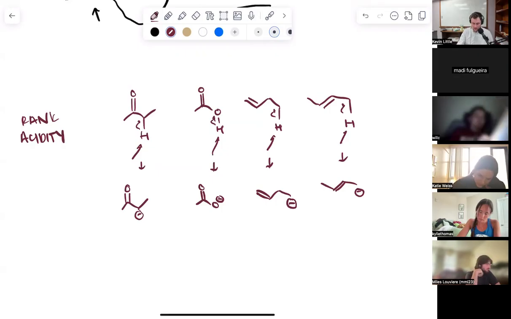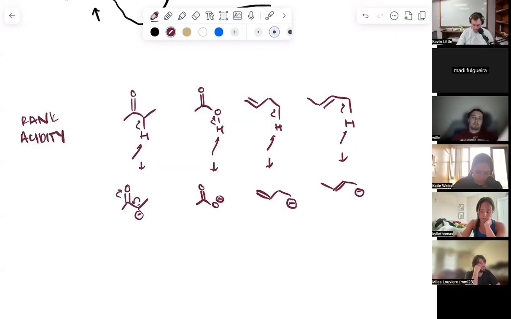What factors are stabilizing the charge of this first one? Resonance. Well, yeah, there's resonance. I can push these electrons up into here. Does this have resonance?